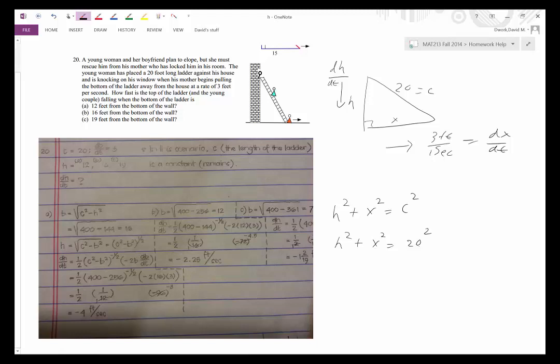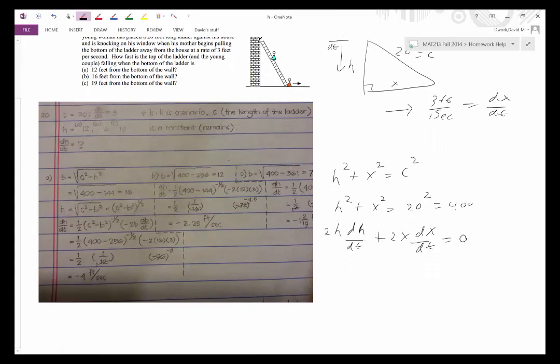So 20 squared is equal to 400, and once we take the derivative, this gives us 2h dh/dt plus 2x dx/dt, which is equal to, well, the derivative of a constant is always 0, so it's 0.